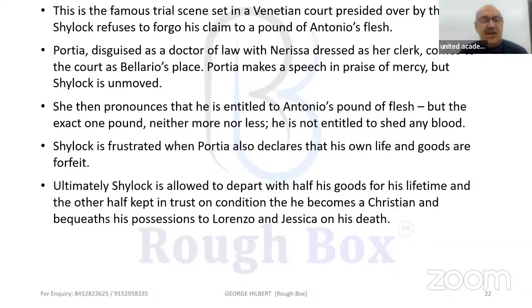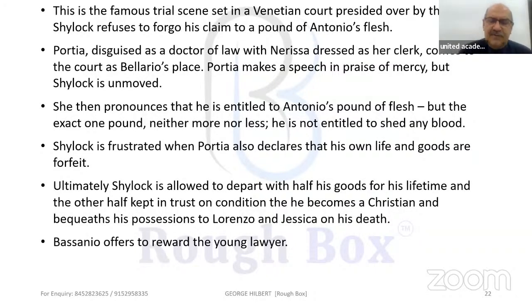Ultimately, Shylock is allowed to depart with half of his goods for his lifetime and the other half kept in trust with Antonio, on condition that he becomes a Christian and bequeaths, or bestows, or writes off in a will all his possessions to Lorenzo and Jessica on his death.